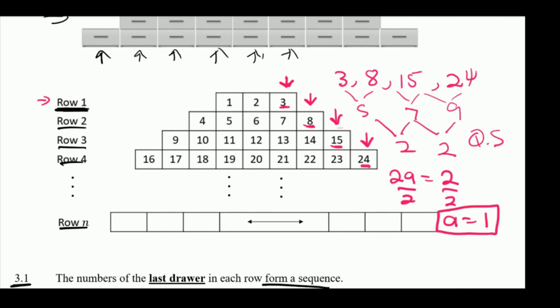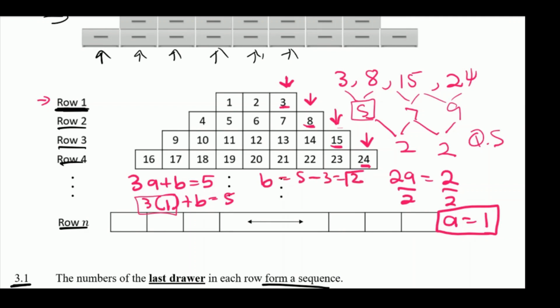So this is the a value, and now 3a plus b is equal to the first term of the first difference, which is this 5 here, so it's going to be equal to 5. 3 into a, which is 1, plus b is equal to 5. So we're going to transpose this 3 to the other side. You have b is equal to 5 minus 3, which is equal to 2.